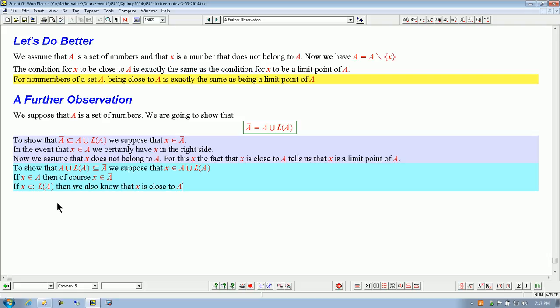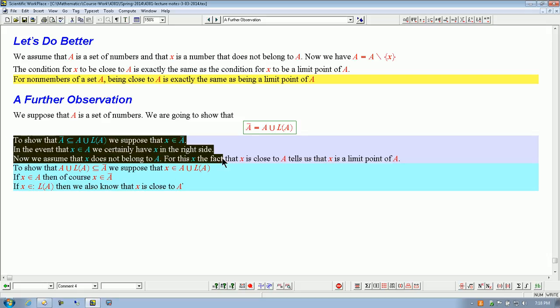It's harder to be a limit point than to be close. So actually, the fact that the right side is included in the left side is the easy direction. The harder direction was that.